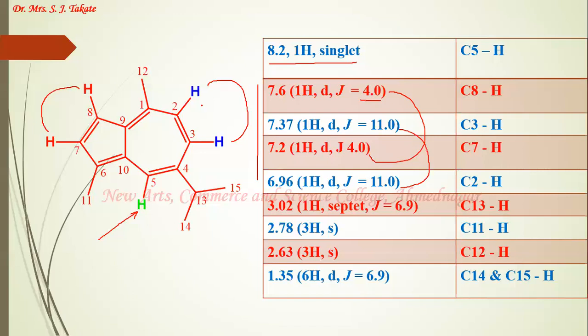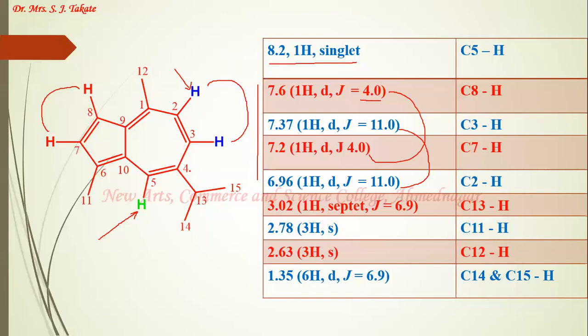The 6.96 signal will be because of the C2 proton, as it has an alkyl substituent, a methyl group, at its adjacent position, which shows an electron donating effect, and because of that the proton at C2 will be shielded. And the other signal, 7.37, will be because of the C3 proton.